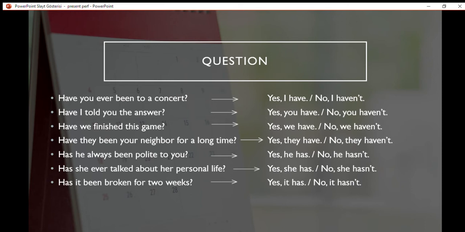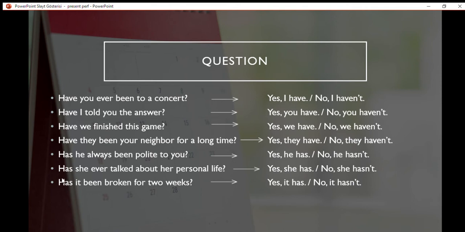Has she ever talked about her personal life? Yes, she has. No, she hasn't. Has it been broken for 2 weeks? Yes, it has. No, it hasn't. So let's see. Have, have.